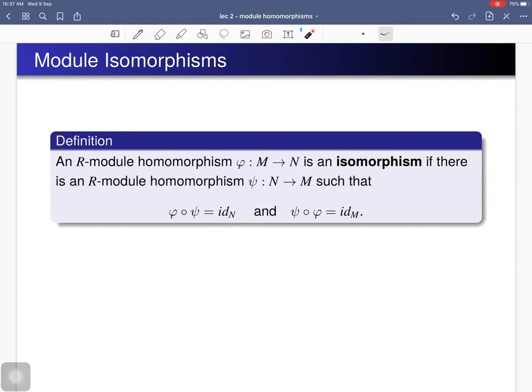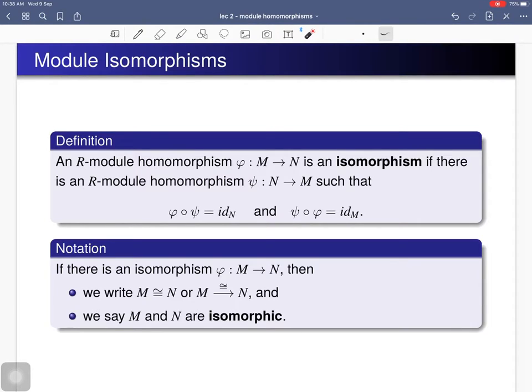And what is isomorphism in the category of topological spaces? We call it homeomorphism. It is a special kind of continuous map such that you have a reverse continuous map so that their compositions are identity. So this is the categorical definition we consider here.